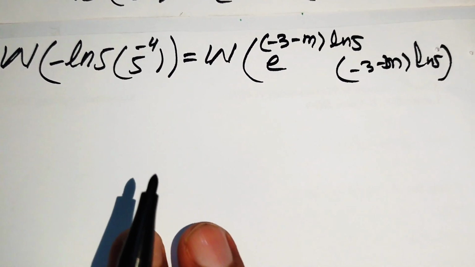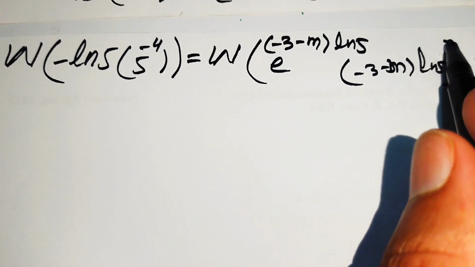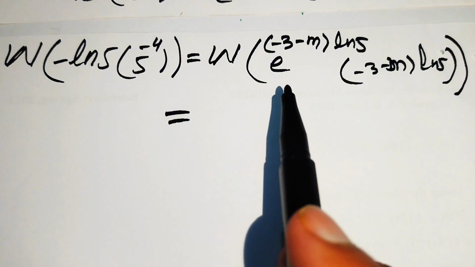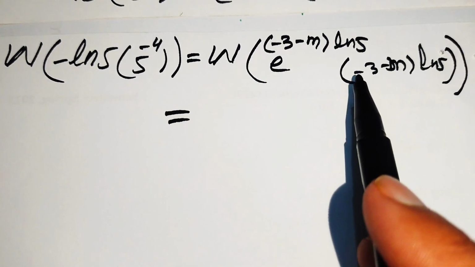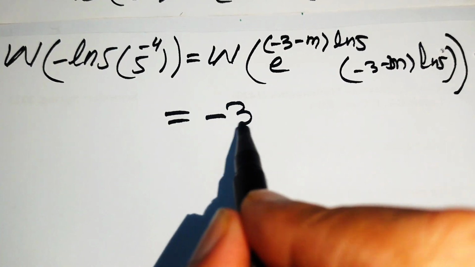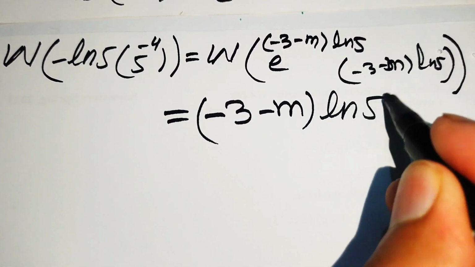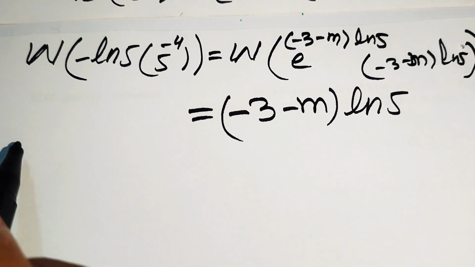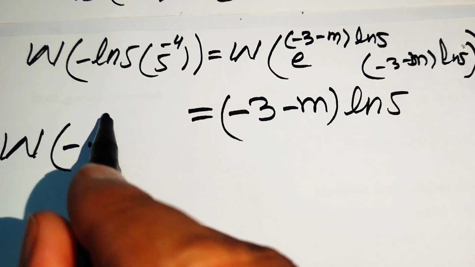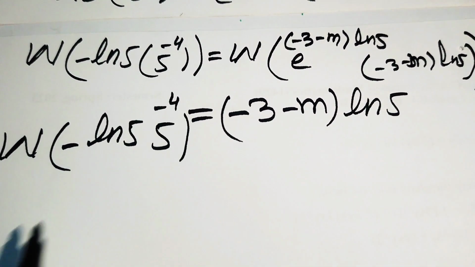On the right-hand side, we know that the output of the Lambert W function is the exponent of e, so we write minus 3 minus m into log of 5, and on the left-hand side we have W of minus log 5 into 5 to the power of minus 4.